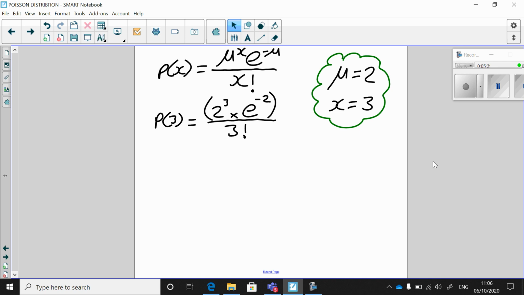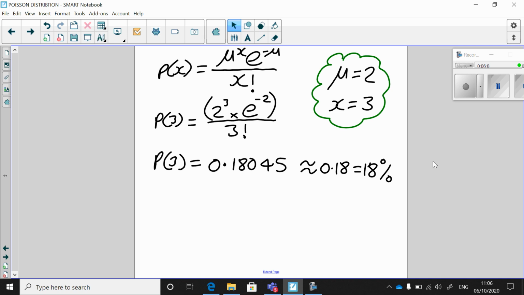Our answer should come out between 0 and 1 again, because we're dealing with probabilities. It does indeed: 0.18045. I'm always approximating a little bit further just to give me a handle on the number. 18%, or I could have said 0.2, which would have been 20%. It just depends what we need this number for, because we're conveying information to people.